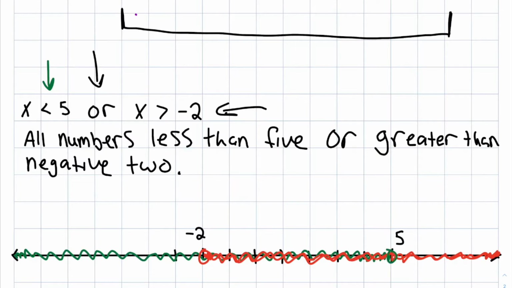So we have pretty much the entire number line colored in. We've got this part covered by the green section, this part covered by both sections, and this part covered just by the red section. So with or, you just graph them both, and that's your solution. It's anything that's colored in. But with and, you have to look for this overlapping section like this.